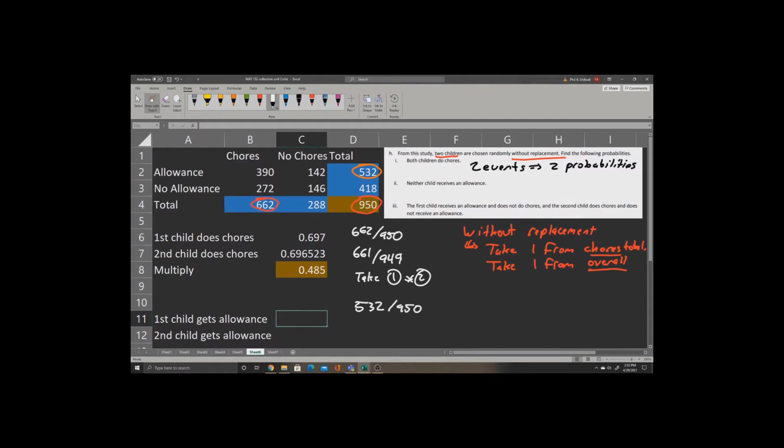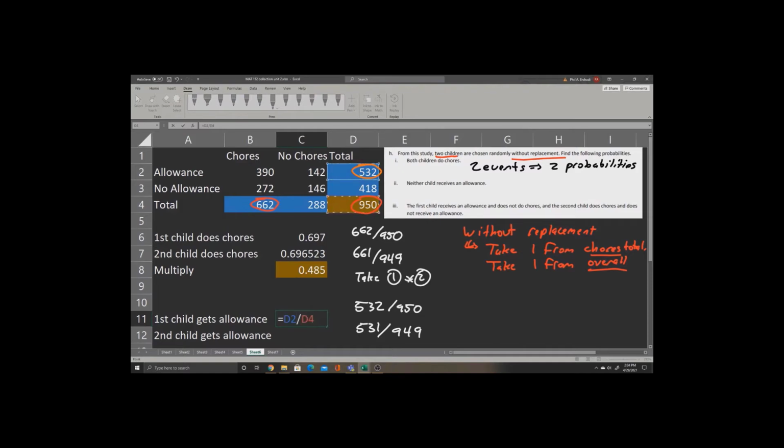Now for the second event, both of these categories are going to go down by 1, because we're going to take one away from the children who get allowance, giving us 531, and we're going to remove a child from the collection as well, giving us 949. Let's enter these fractions into Excel.